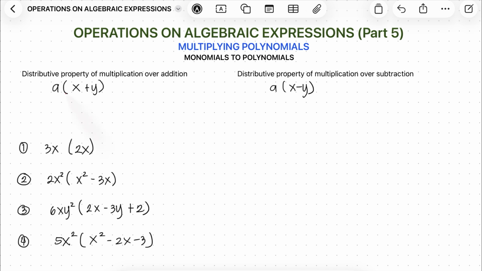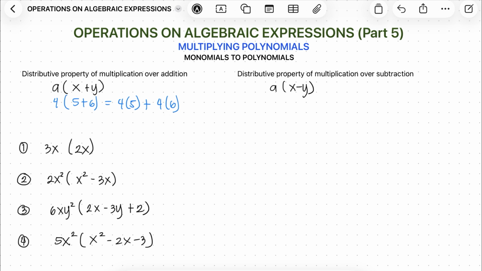It says here, given the numbers a, x, and y, if you multiply, let's say this is 4, and then this one is 5, and this one is 6, this is just the same as saying 4 times 5 plus 4 times 6.